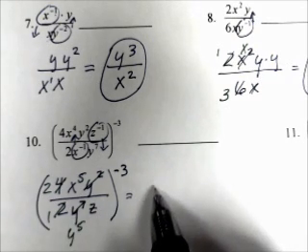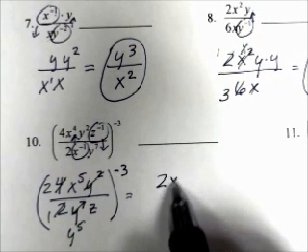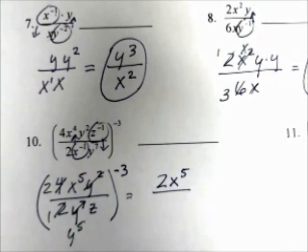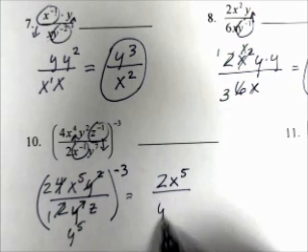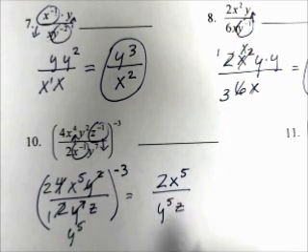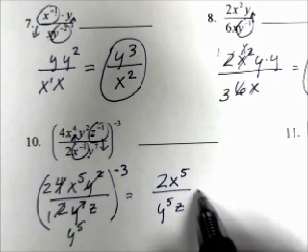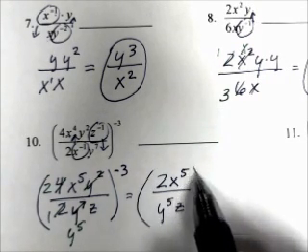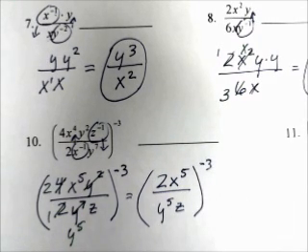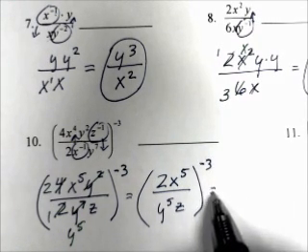Okay, so let's see, what do I have? 2 x to the 5th for a numerator over y to the 5th z for a denominator. And raising this to the -3, I'll invert the fraction.